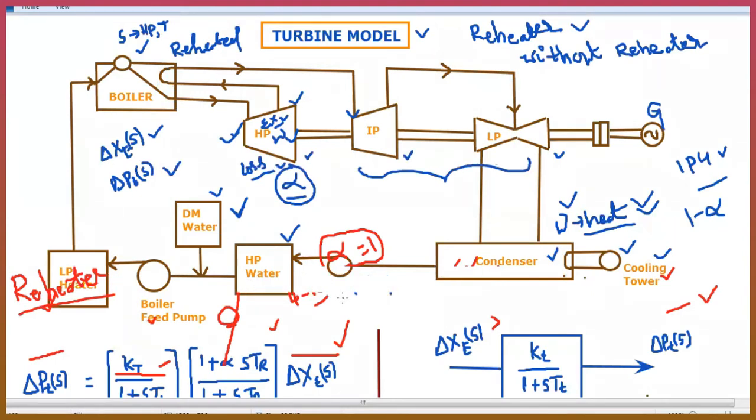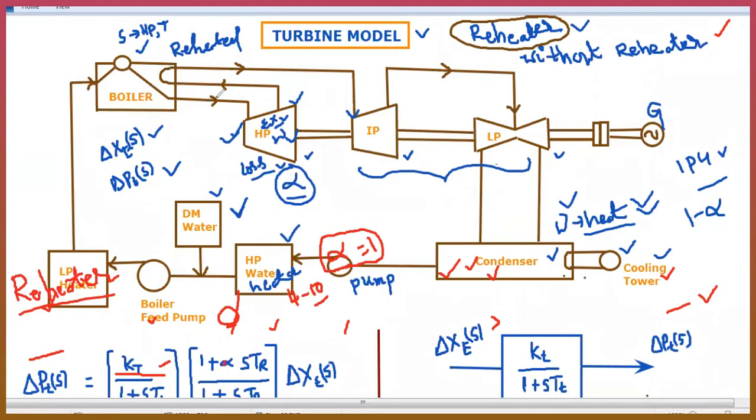The turbine can be considered with reheating facility and without reheating facility; we first considered the reheating facility. This is the block diagram with the reheating facility. In the boiler, the fuel, finely sized coal, is fired, and because of the heat inside the boiler the water is converted into steam.